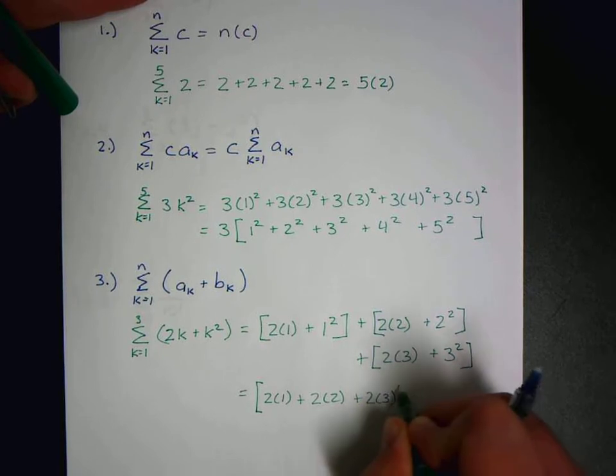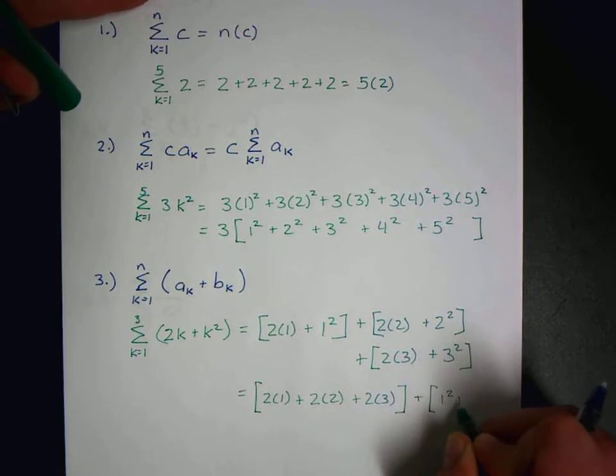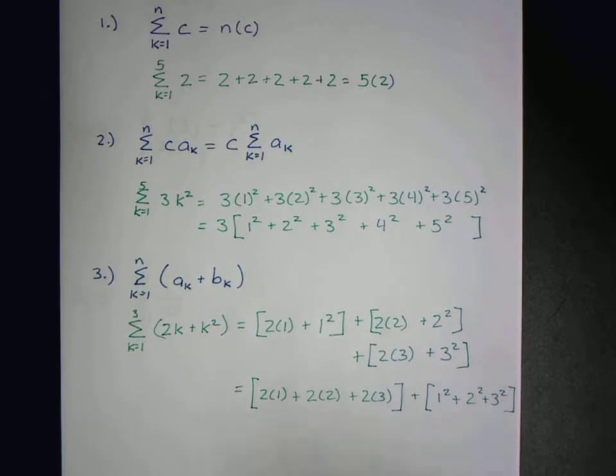All I'm doing is just regrouping. I'm putting the squareds together and the multiplications together. There's nothing in there except for addition in between things, right? And addition I can move around however I want to.